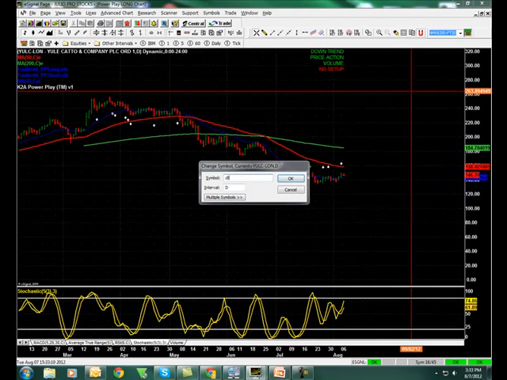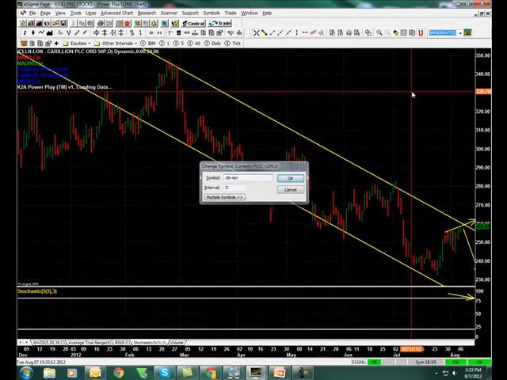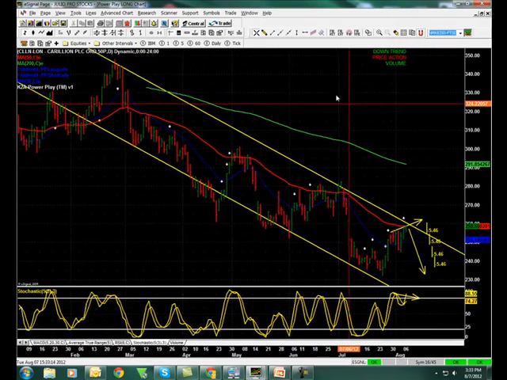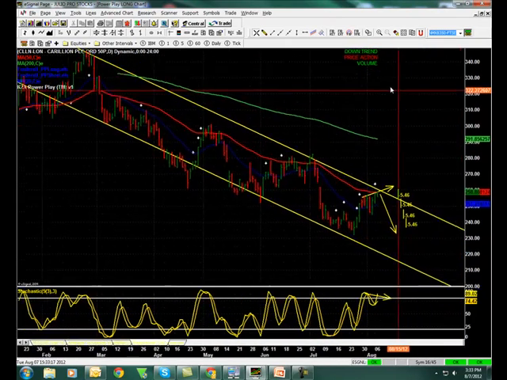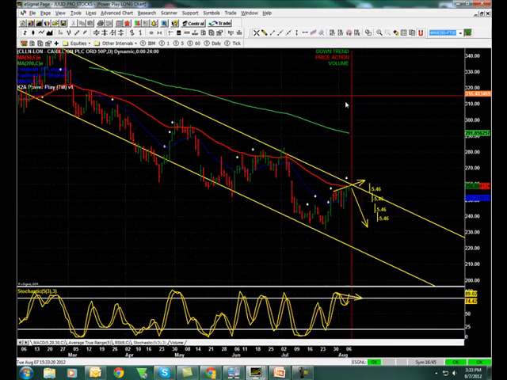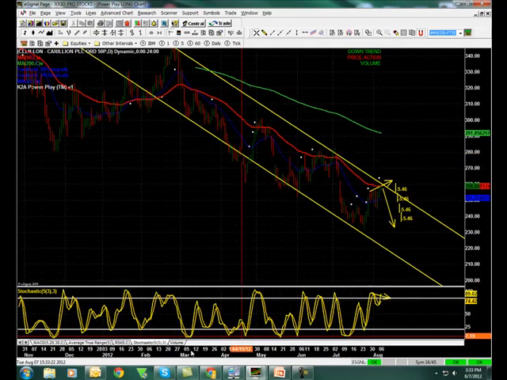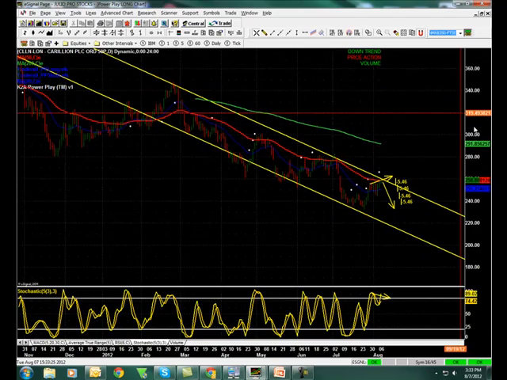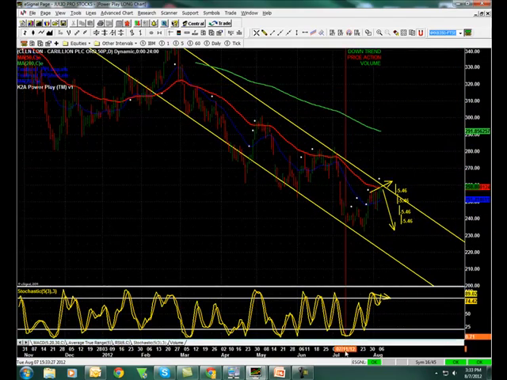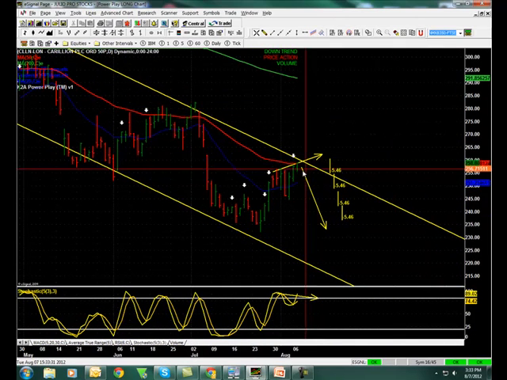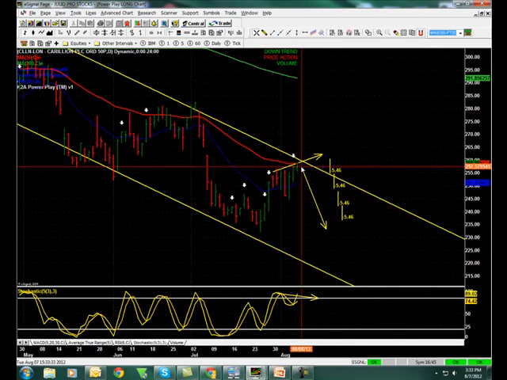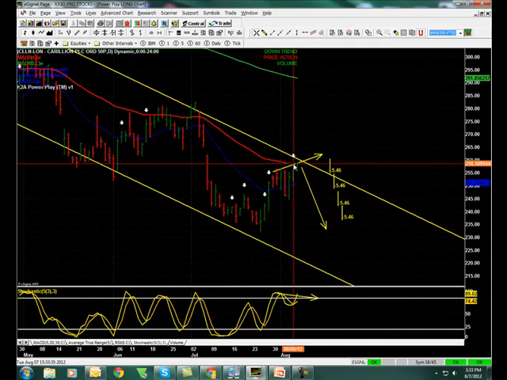The CLON-LON. This one here. Making lower highs and lower lows. Quite a clean cyclicity, bouncing off the 50 MA. Yeah, the risk on this trade is quite big.